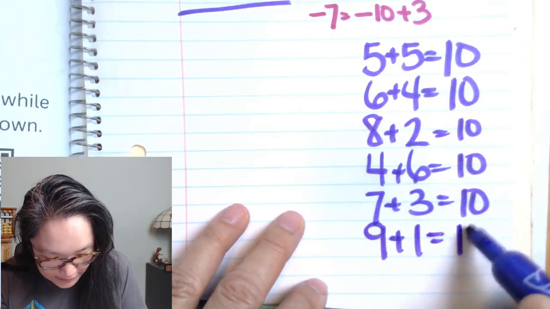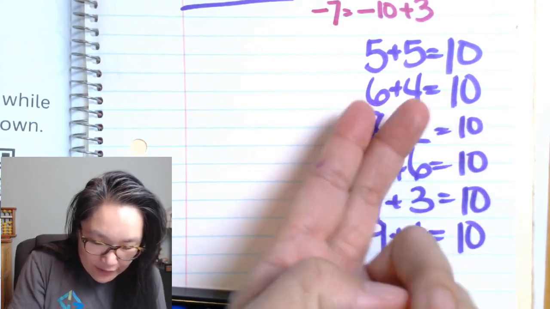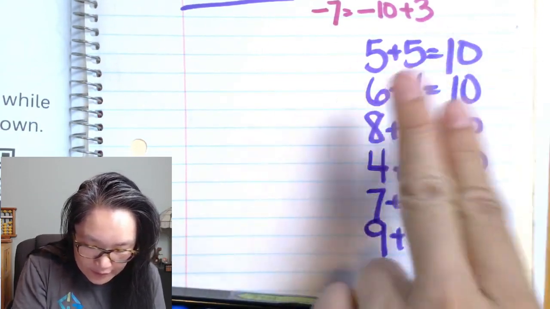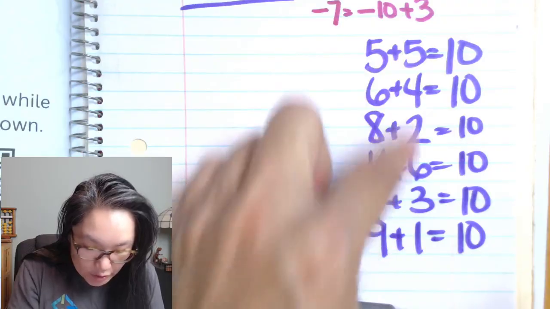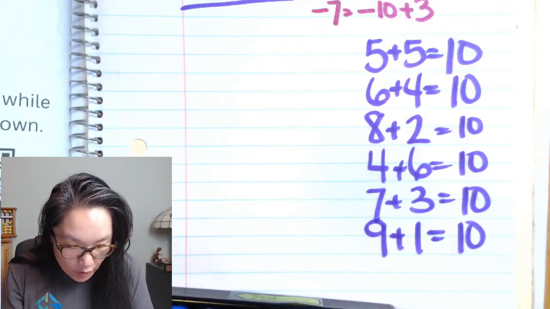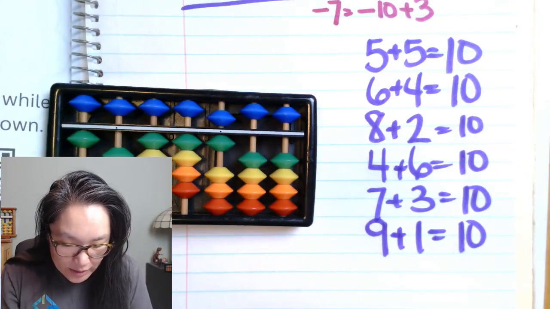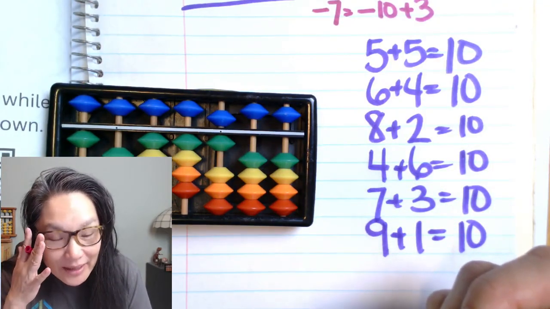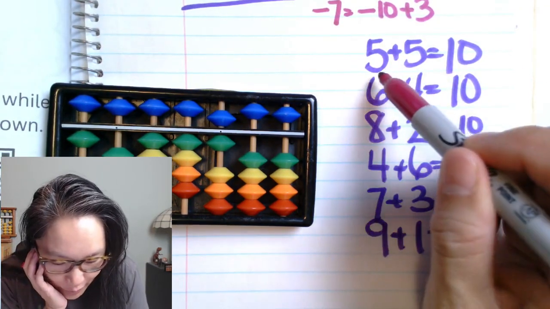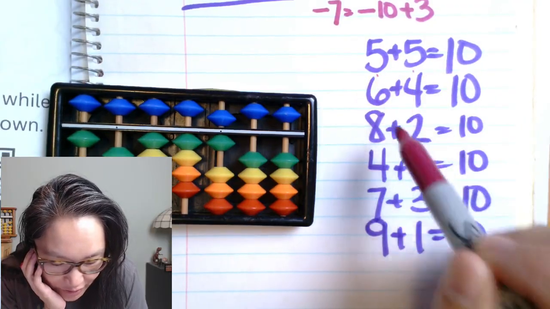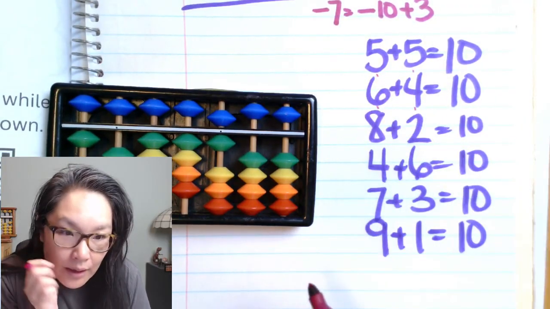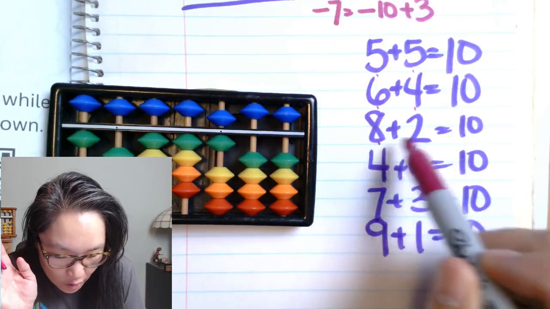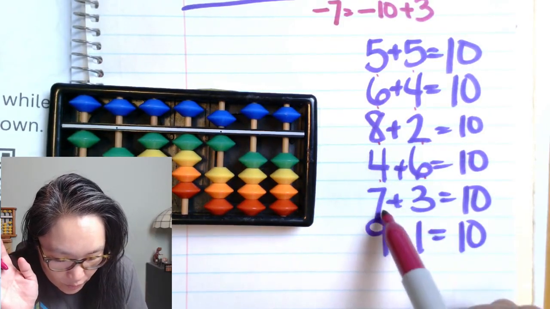One more. Yes. And then we have the inverse, right? We have this way. So now what we want to do is pay attention to these partners. These are all partners. Why are they partners?